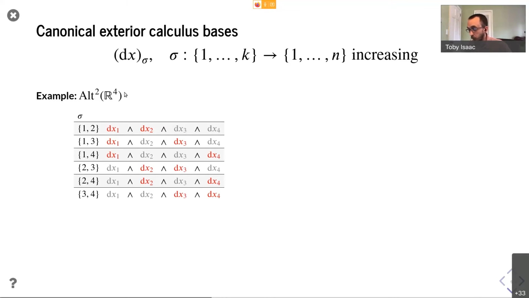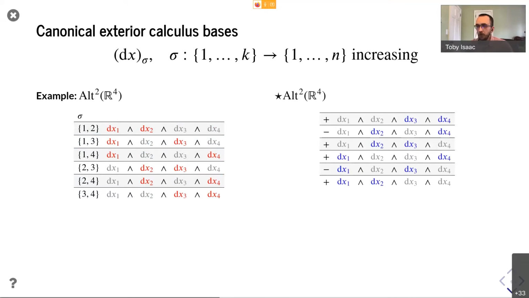So for instance, if I were working in 4D, like if I were doing space-time elements, the basis of the two forms would be the wedge products of x1 x2, x1 x3, x1 x4, and x2 x3, x2 x4, x3 x4. So these are all the binomial 4 choose 2 things that you can construct.